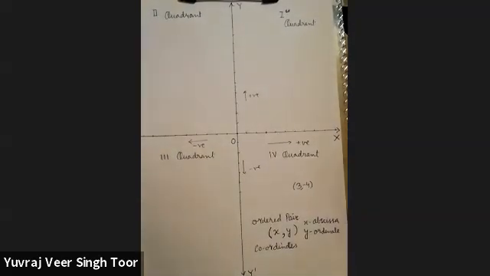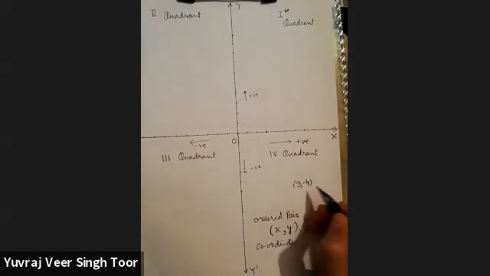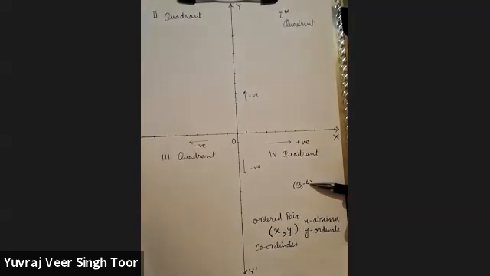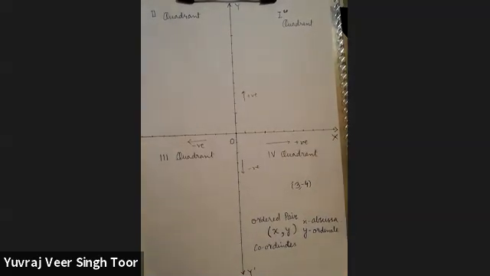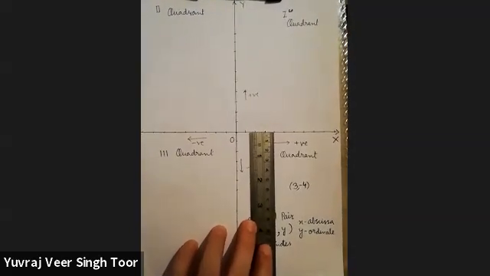Now you have to move vertically, either upward or downward. Negative tells you to go downward. How far do you have to go down? 4 units down you have to go. So you have to use a straight line there. Your reference books are drawing this, but you are not supposed to.